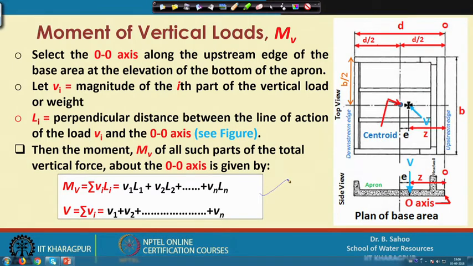You know that moment equals force into length. So, Mv equals sigma Vi Li, that is V1 L1 plus V2 L2 plus Vn Ln, where Vi are the different part vertical loads, and the total resultant vertical load will be equal to the summation of all these vertical forces acting on the base of the structure.